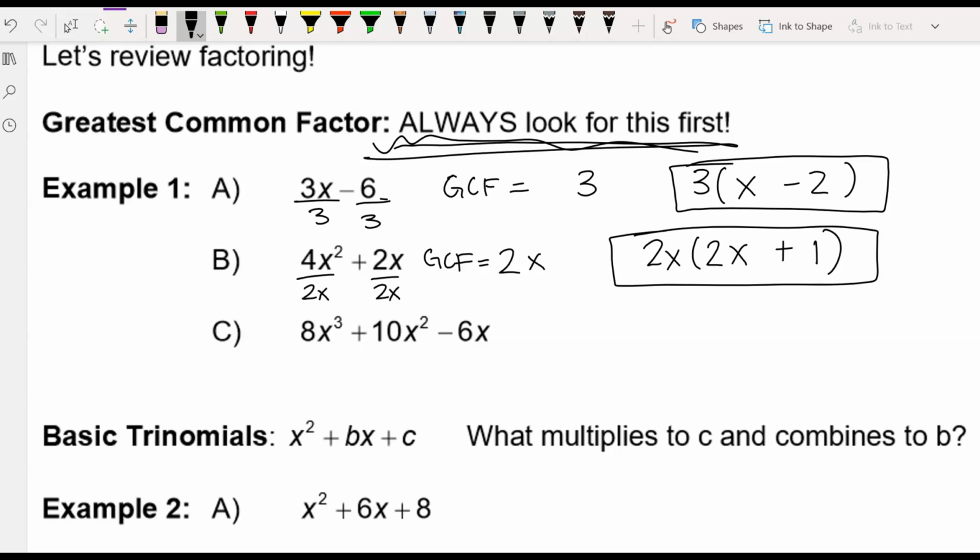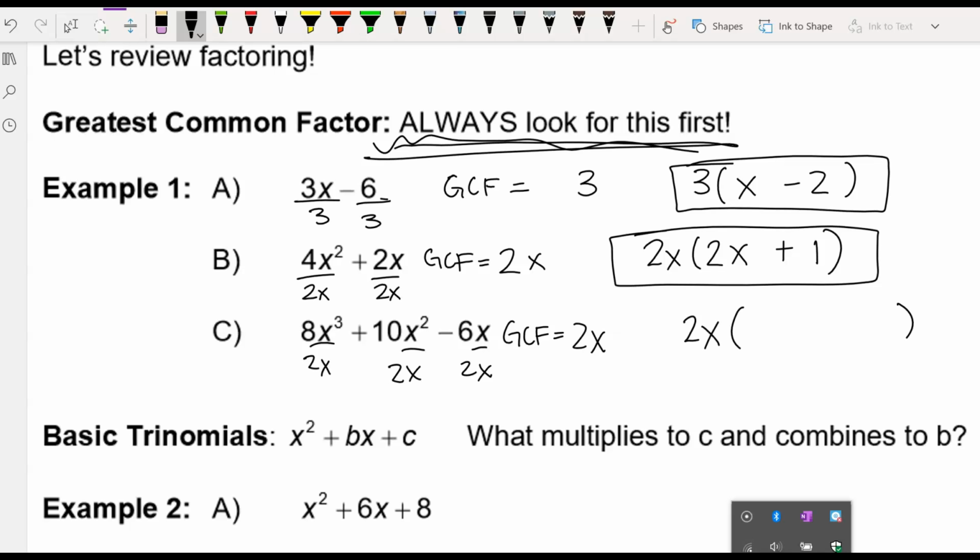All right, the next one, they have a 2 in common. See how they're each even numbers. So our GCF is going to be 2. And then we look, each of them has an x. So this one is also, they have a 2x in common. So 2x out front.